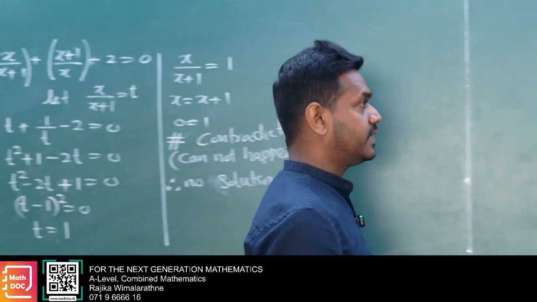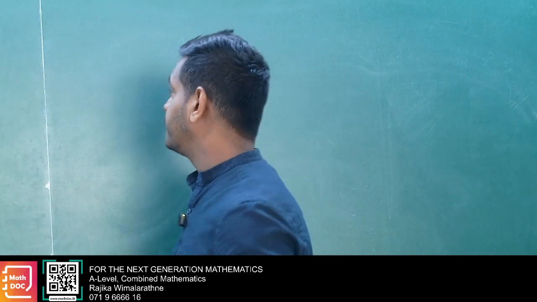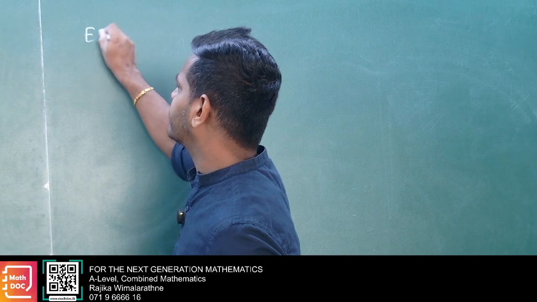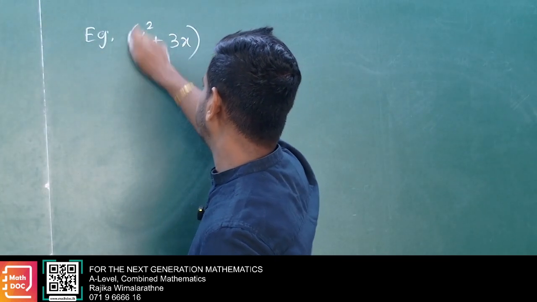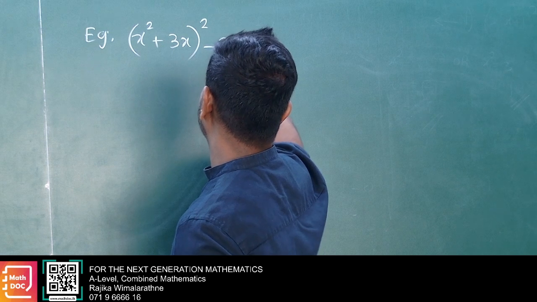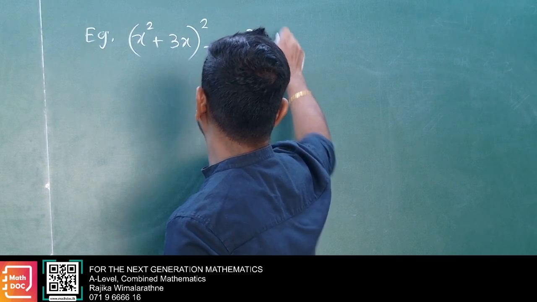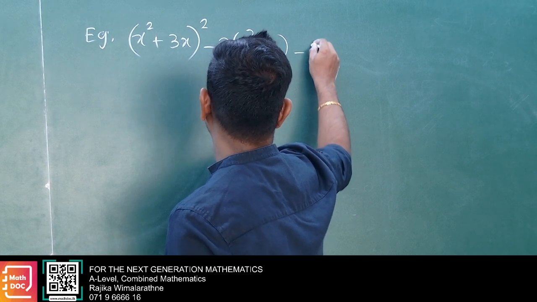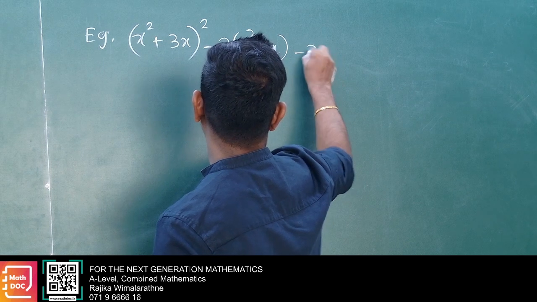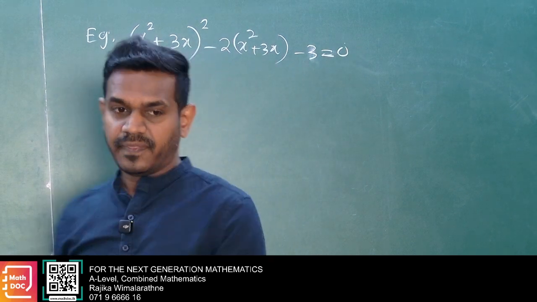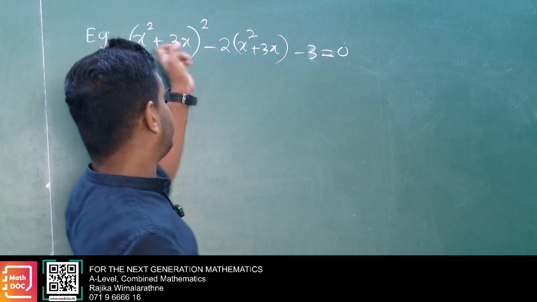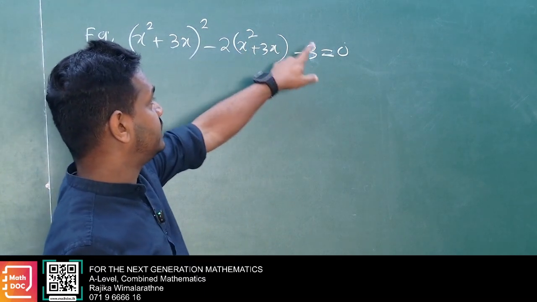Okay. Now see another example. x squared plus 3x, all to the power 2, minus 2 times x squared plus 3x, minus 3 equals 0. Here take this: x squared plus 3x as t.